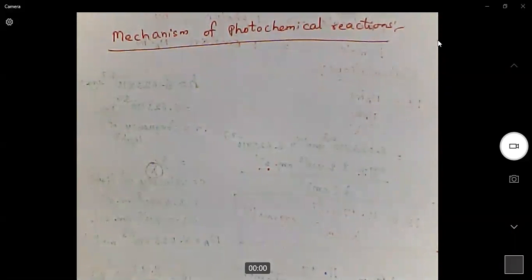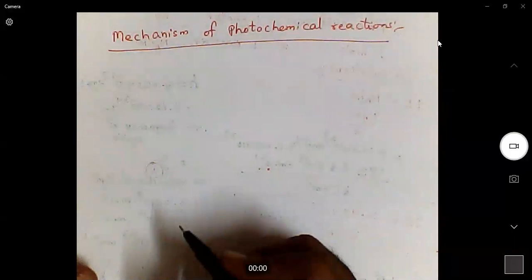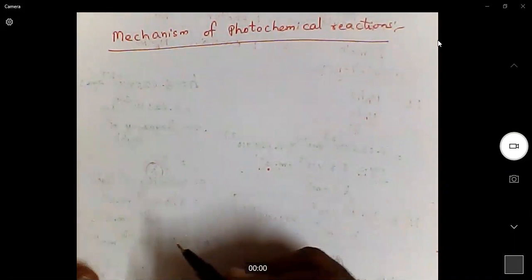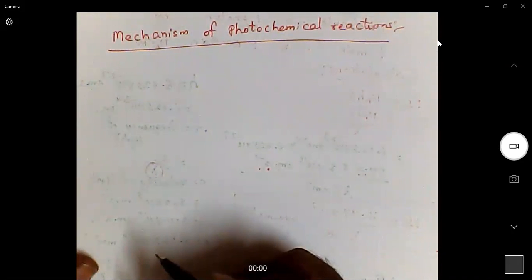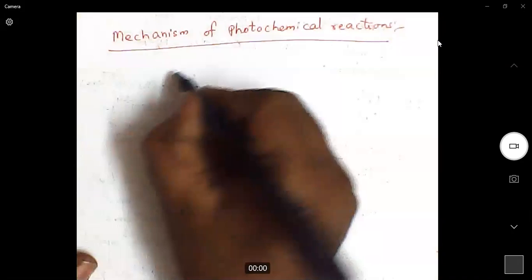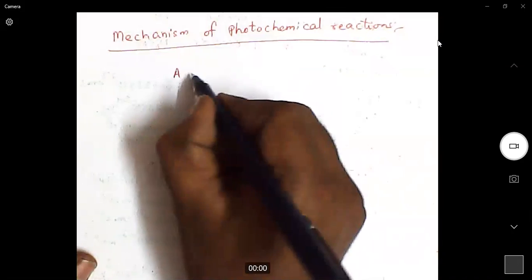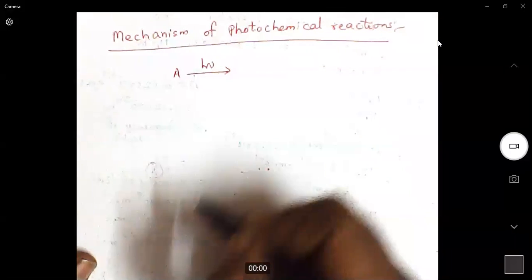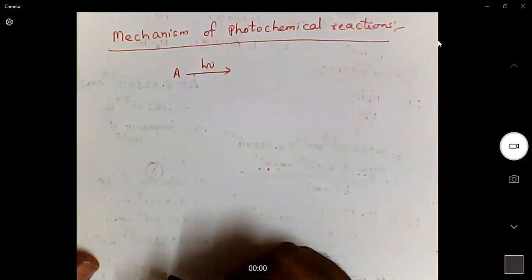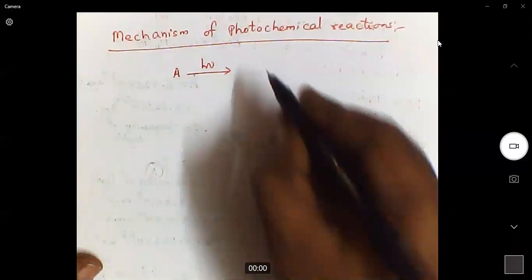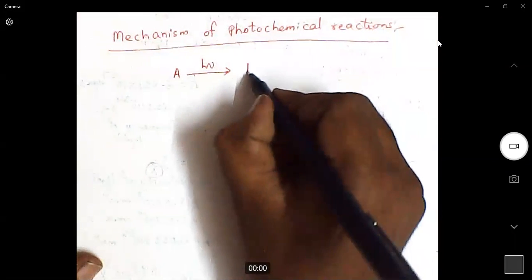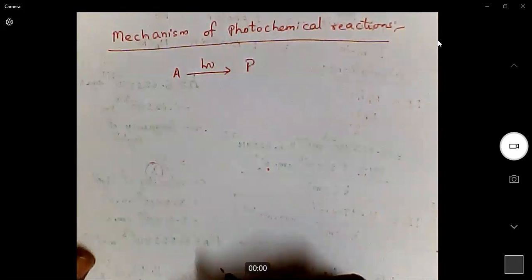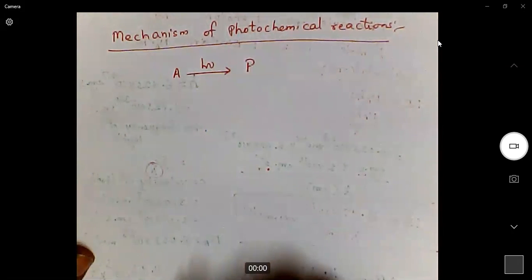Please take the notes along with me. We will discuss mechanism of photochemical reactions. As I said, when we pass light onto a material, then it will be converted to products. This is what is called a photochemical reaction.